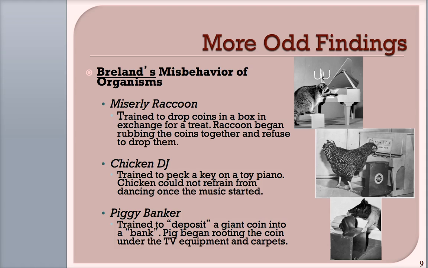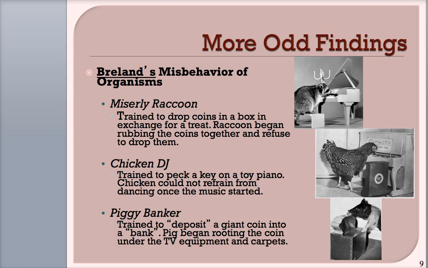But as trainers, as they started training this behavior, they gave him one coin, and they trained him with food reinforcement to drop the coin into the box, and that worked fine. But then they gave him 2 coins, and actually these were a little smaller, the size of the plate that goes under a teacup, a saucer, that's what it is.